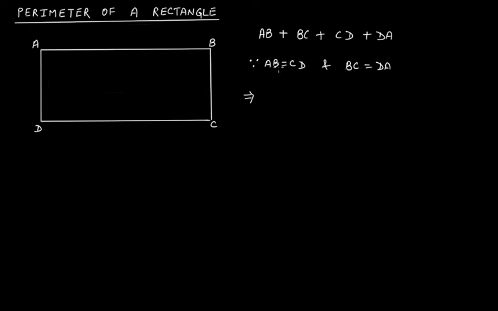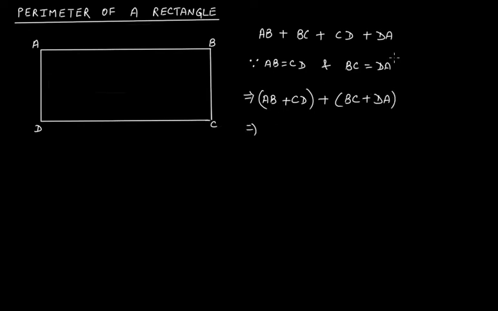If opposite sides are equal, we can replace either one of the opposite sides by one particular side. Let me just group them together first. AB and CD, I'm grouping them together, and BC and DA are equal, so I'm grouping them together.